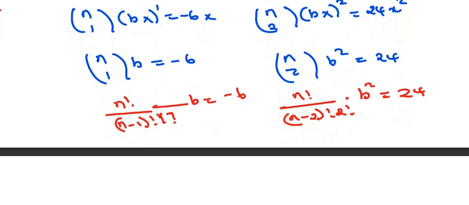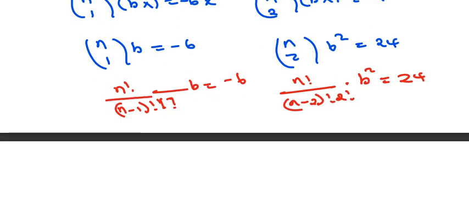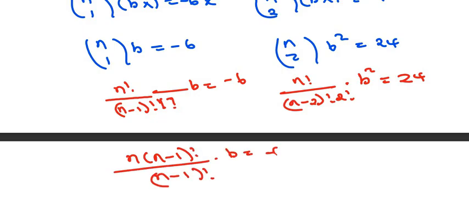Now you're able to see that the guy here can be written as n, then the guy down is n minus 1 factorial. There's a b there is equal to negative 6. Here we can just have n, then you have n minus 1 and you can have n minus 2 factorial there.